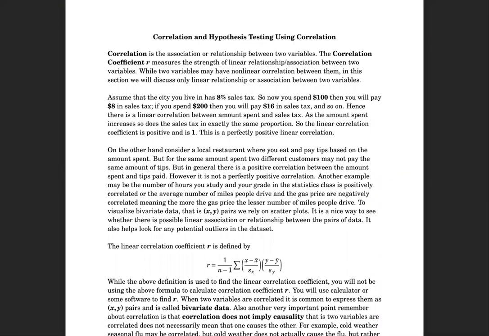What is correlation? Correlation is the association or some relation between two variables. Okay? For example, if it's cloudy, you might carry an umbrella.